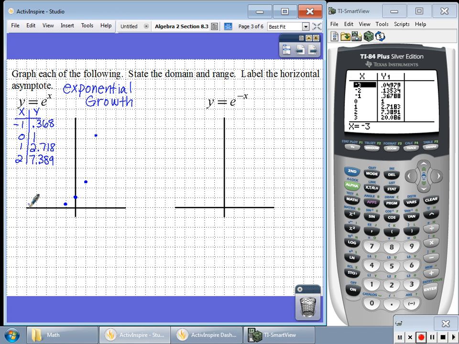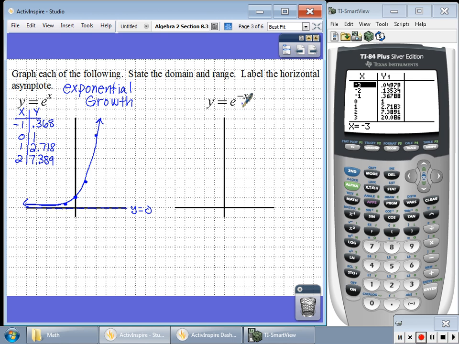Now, just like all our other exponential functions, there is a horizontal asymptote here. We're going to label that y equals 0, because these numbers are going to get smaller and smaller, but they're never going to go below the x-axis. And that's what e to the x looks like.